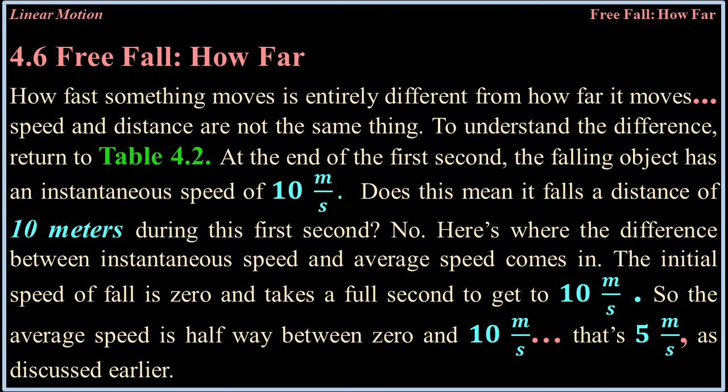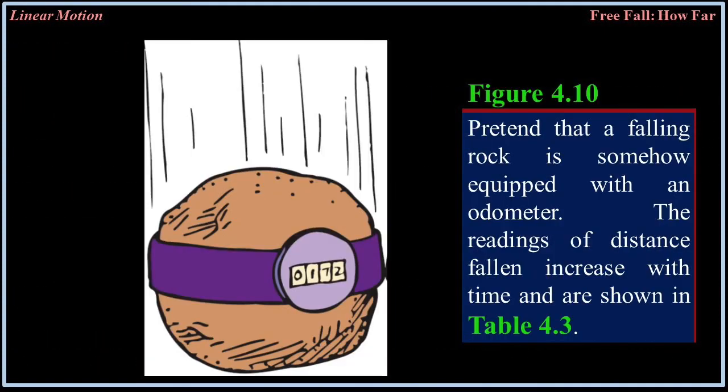The initial speed of fall is 0 and takes a full second to get to 10 meters per second. So the average speed is halfway between 0 and 10 meters per second. That's 5 meters per second, as discussed earlier. Here is Figure 4.10 for your perusal again.